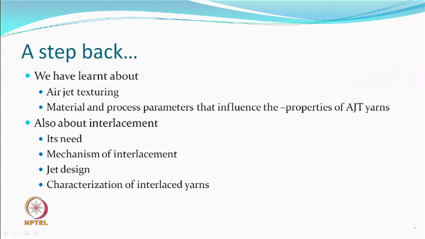What we have done till now in the last few lectures is that we have understood air jet texturing, the material and process parameters that influence the properties of air jet textured yarn, and also the importance of interlacement or entanglement, its need, mechanism, some jet design, and how we can characterize the interlaced yarns. This is what we learned.